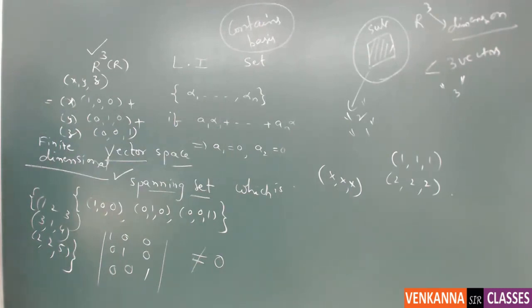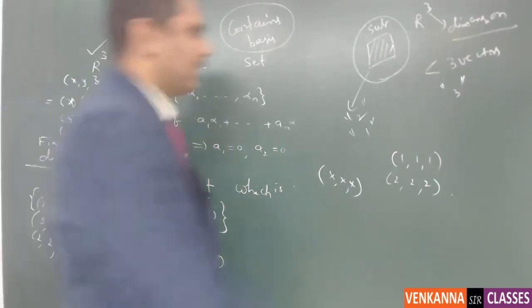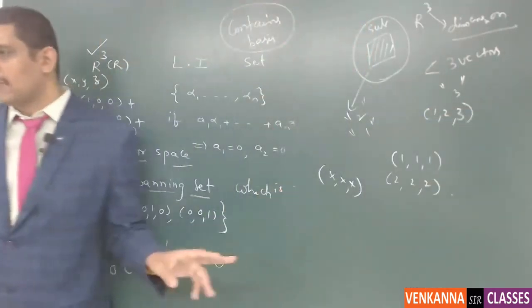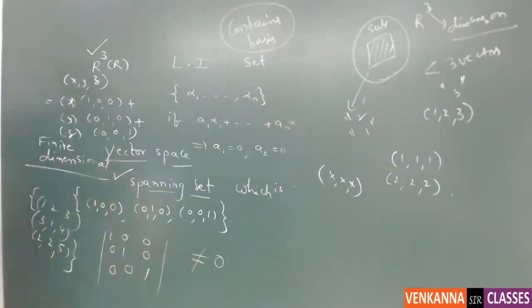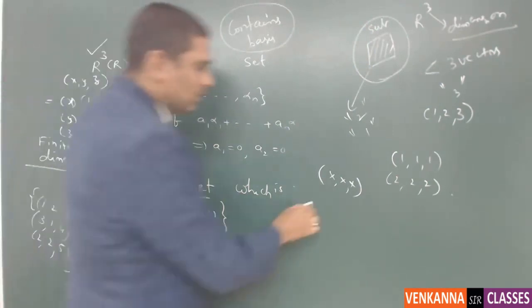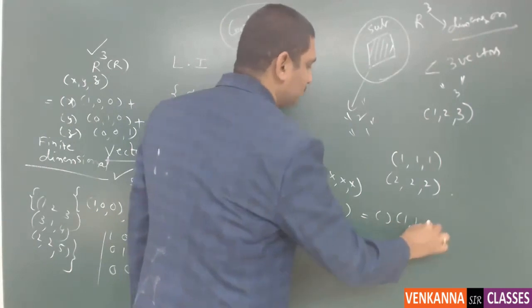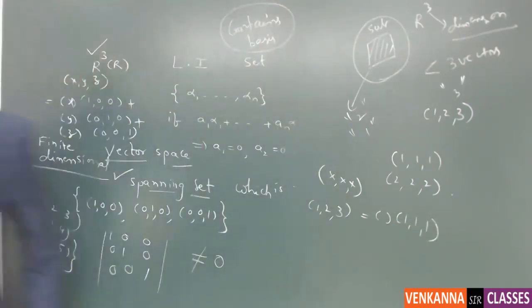It means that if you take a vector (1,2,3), how can you represent (1,2,3) as a combination of (1,1,1)? Is it possible to write (1,2,3) as some number times (1,1,1)? Not only (1,1,1), whatever x you take, is it possible? No. You require one more vector.